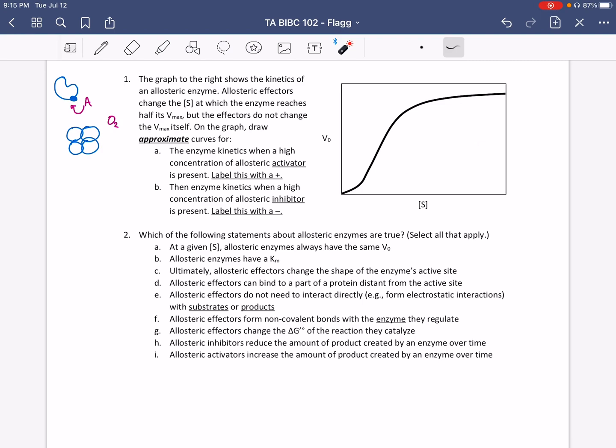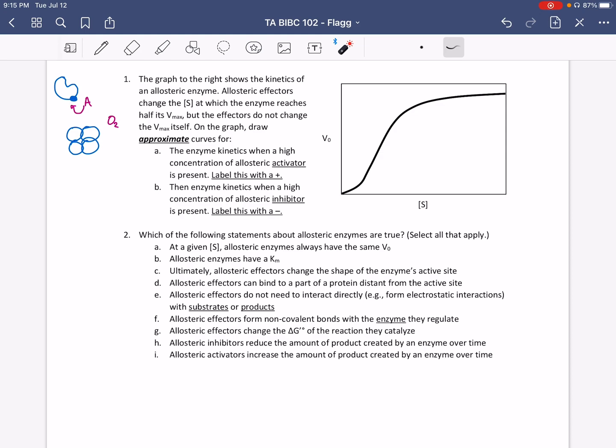In class or in discussion, we were talking about, oh, there is a Km, but it just varies. But now that I'm thinking about it, it makes no sense, right? Km within itself is a constant. And for us to say that Km exists, but it varies, that makes no sense, because how can something be constant and varied at the same time?